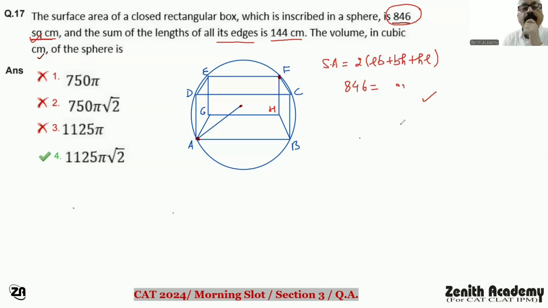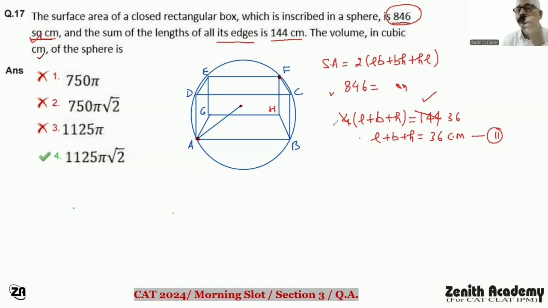Then the sum of the length of all its edges. In a rectangular box there are 12 edges, 4L, 4B, 4H. So 4(L plus B plus H) is equal to 144. This is 36. So L plus B plus H is 36 centimeter, and this is equation number 1.